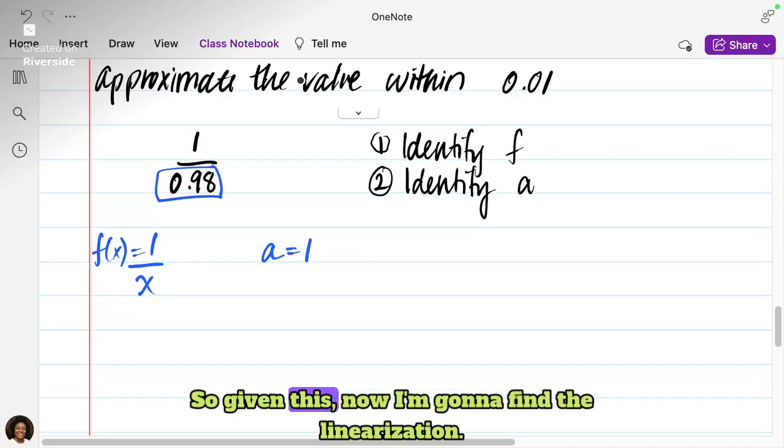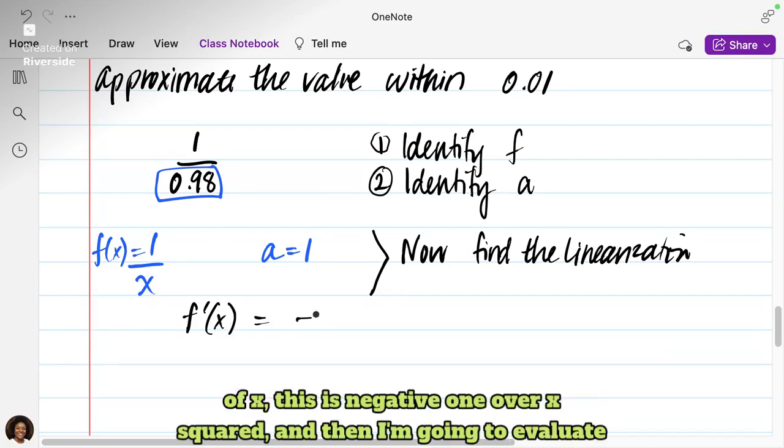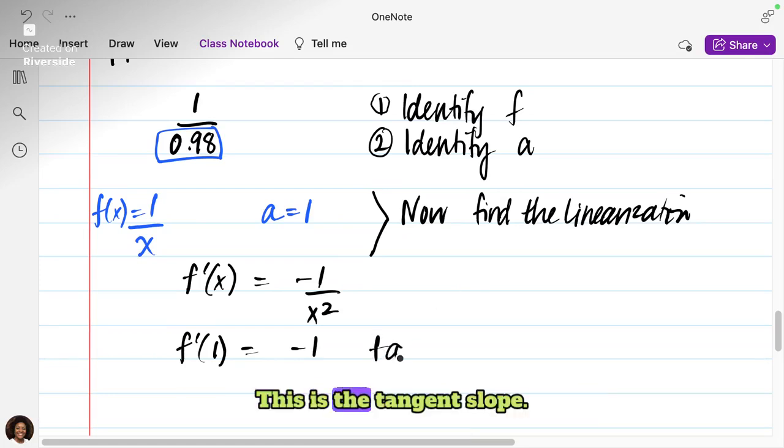So given this, now I'm going to find the linearization. I'm going to take the derivative for the slope, so f prime of x. This is negative 1 over x squared. And then I'm going to evaluate this at 1, and that's going to give me negative 1. This is the tangent slope.